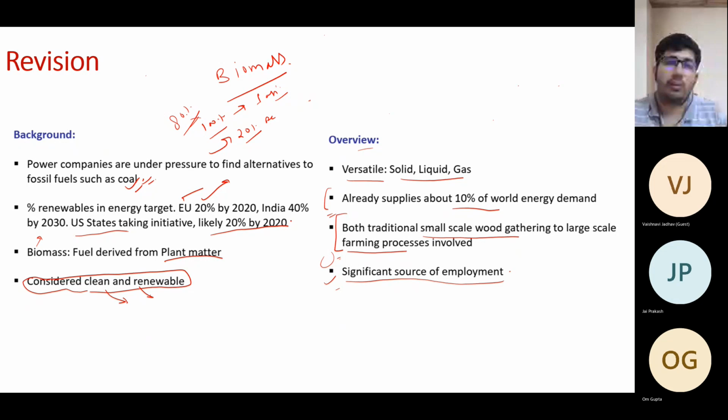If they are decreasing the coal, they are decreasing the CO2 emission.